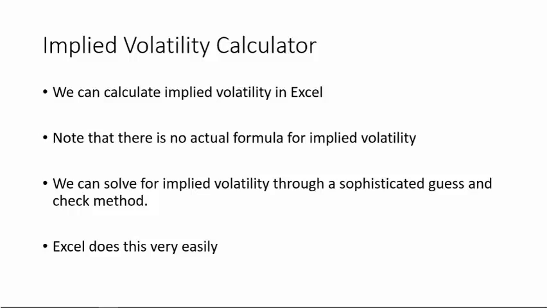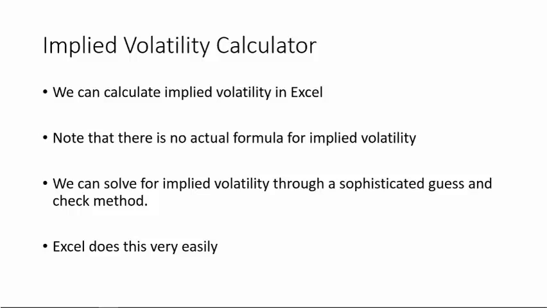Obviously doing this on your own is very tedious and not recommended. But it turns out Excel does this very easily. It uses a very sophisticated guess and check method to arrive at the solution. We're going to go into Excel and see how this works. One thing to note is that it's a little bit more involved in terms of the calculation. We have to use a different Excel tool or function to do this.